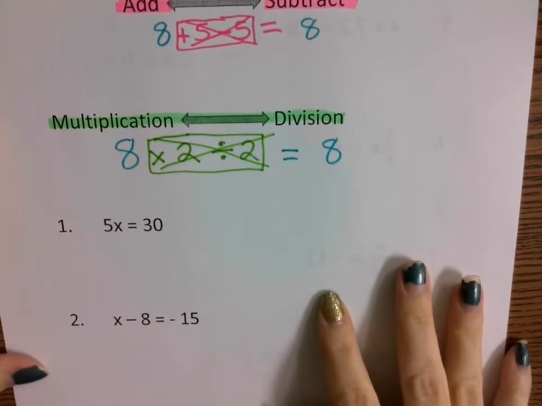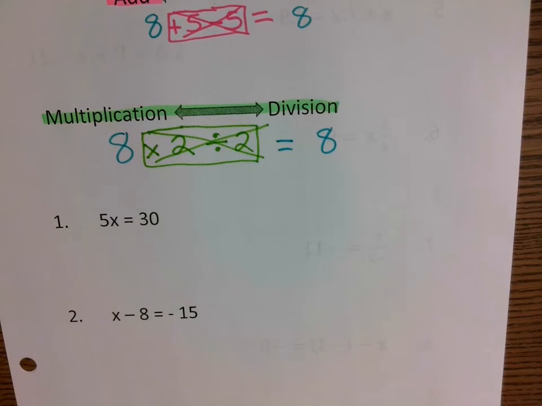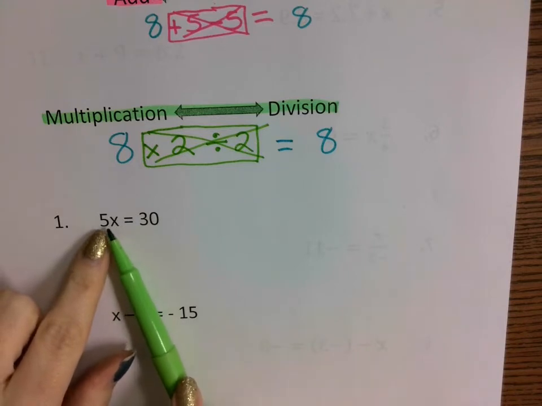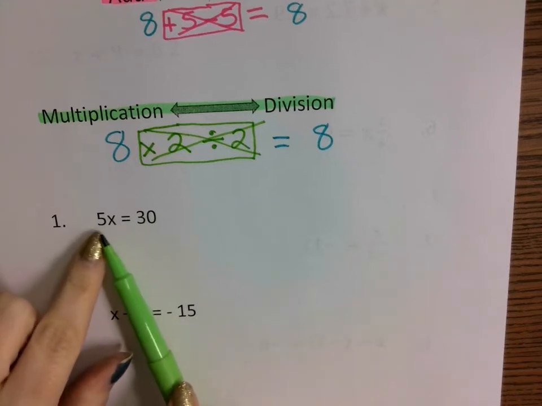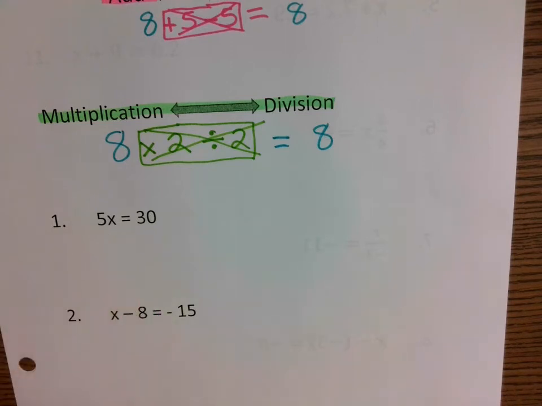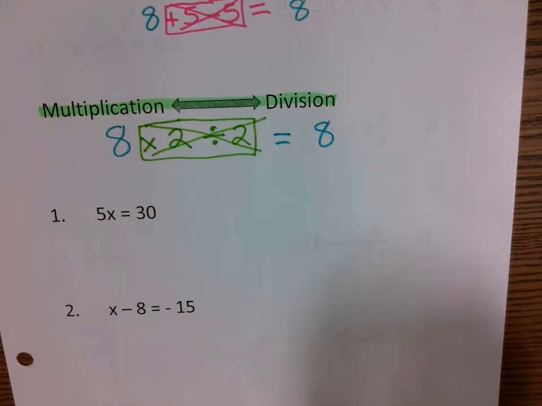So starting up here for problem number 1, we've got 5x is equal to 30. When they are side by side like this, 5x, what operation is that right now? 5x is what kind of operation, Emmy? Multiplication. Thank you. So because this is multiplication, we want to do the inverse. What is the inverse?